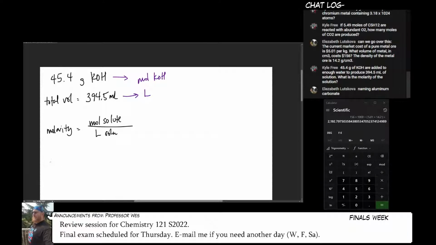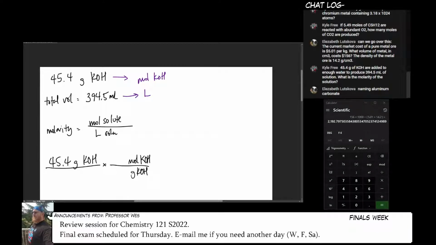So for the moles, we would say, okay, well, I have this many grams. And we can look up on Lentech how many grams there are per mole of KOH. So I'm going to type that in.